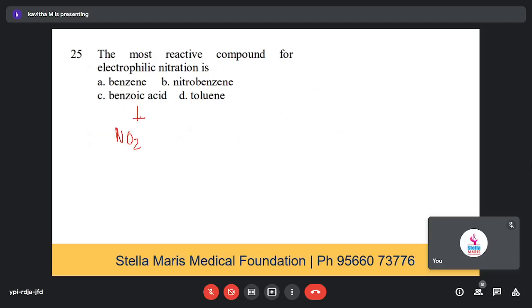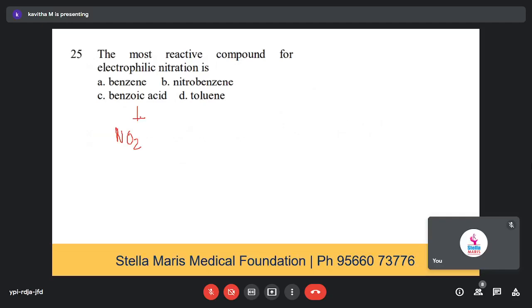The options given are benzene, nitrobenzene, benzoic acid, and toluene. Among these compounds, which will readily react with NO2 plus?